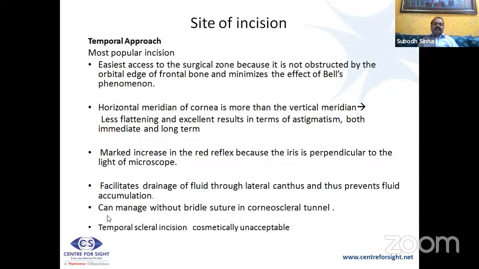And you can sometimes manage without bridle suture, particularly when the nucleus is not that hard. The drawback of temporal scleral incision is that it is cosmetically not that acceptable, and theoretically there are more chances of post-operative endophthalmitis.